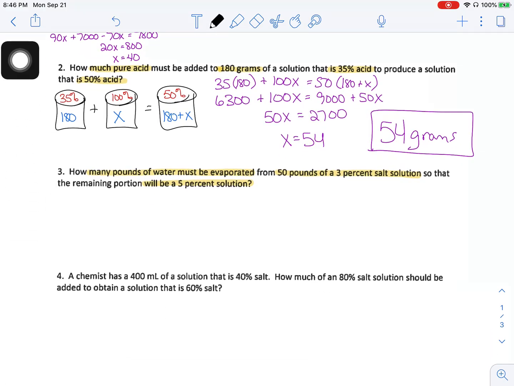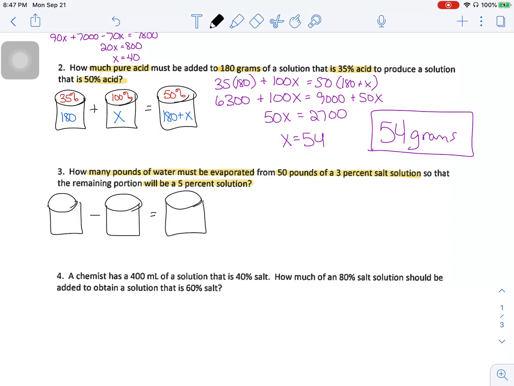So let's start with what we're literally starting with. Evaporation means we are going to be subtracting some amount here, and we're going to create our final solution. We are starting with a 3% salt solution, right?